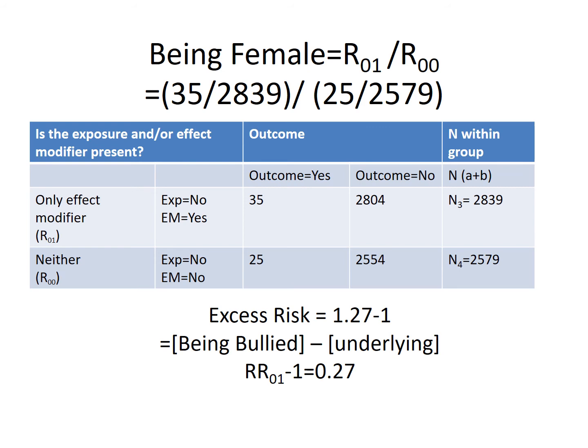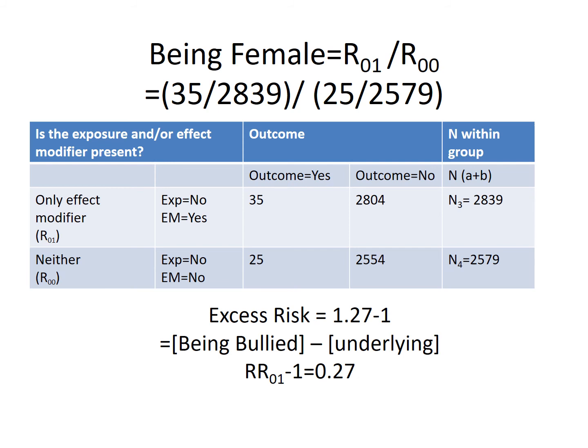So we're just comparing essentially the non-bullied boys and girls, or girls compared to boys. And we see that just being female compared to male is a risk ratio of 1.27, and excess risk is 0.27. So again, some excess risk, but still quite small.